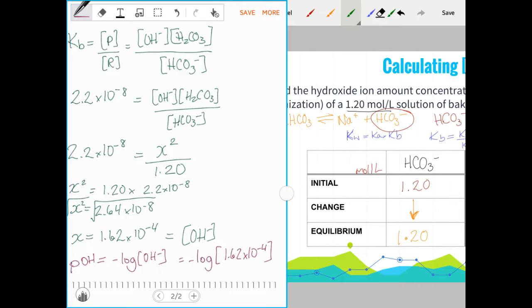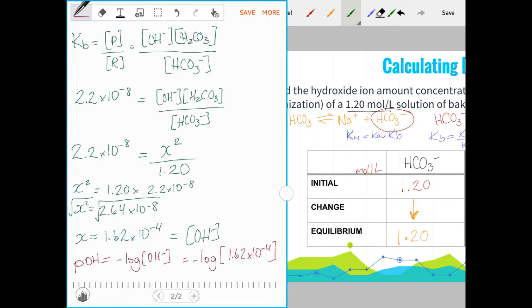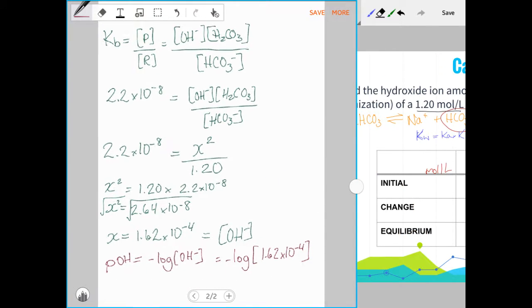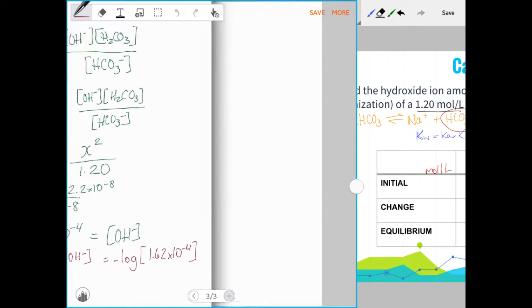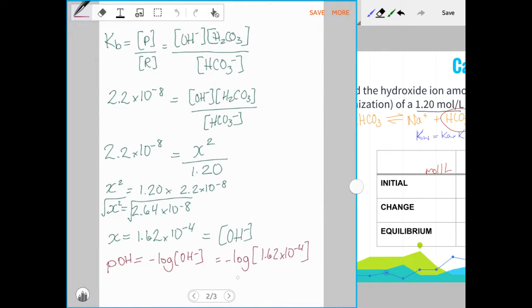And when I plug that into a calculator, my pOH is 3.79. We'll just write that down. So this is our pOH.